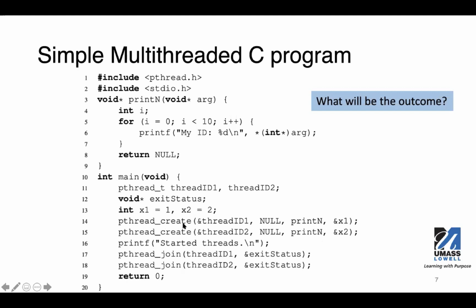So what this line does is create a pthread. This POSIX thread will execute the function print n. When we create this pthread, we pass the argument x1 into the print n function. So essentially, you can see we are passing x1 as the arg here.